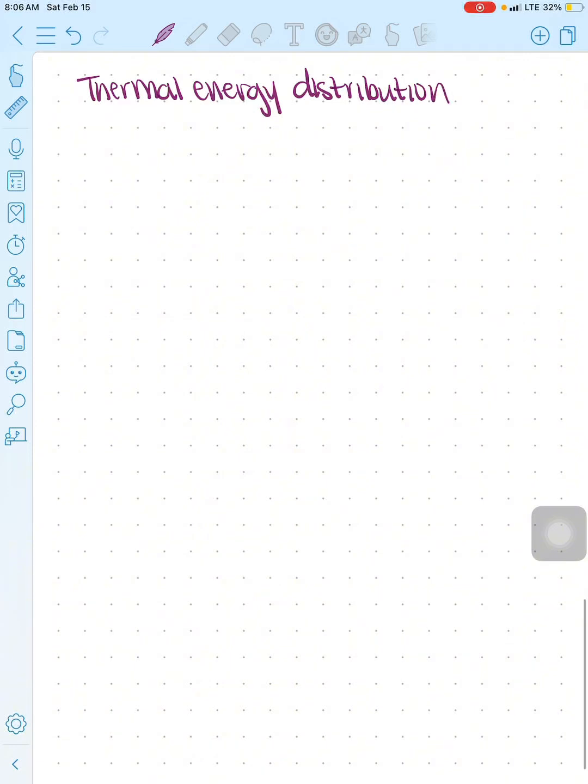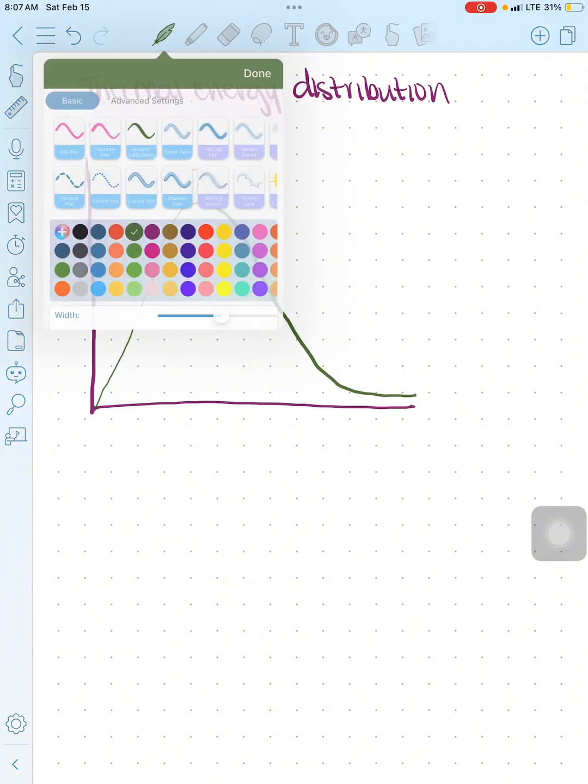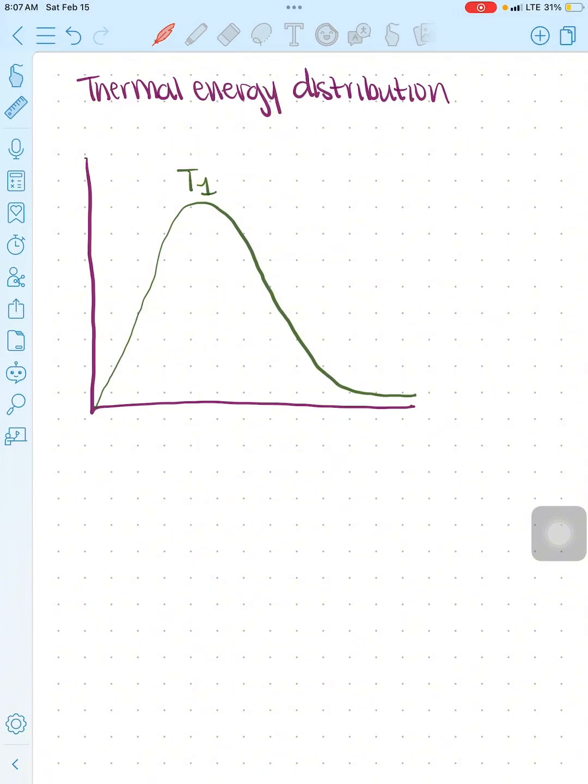I will draw a little diagram that looks like what we learned. There are two different T's, T1 and T2, which stand for temperature 1 and temperature 2. For temperature 1, let's make a diagram that shows where it's at. T1, and then a different color for T2.